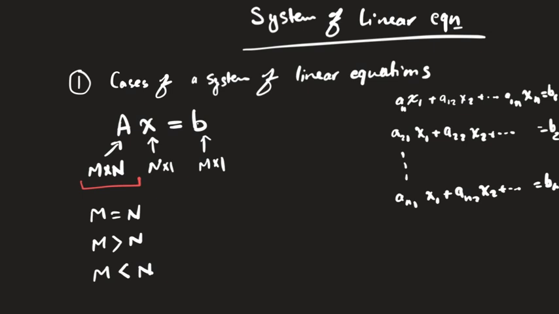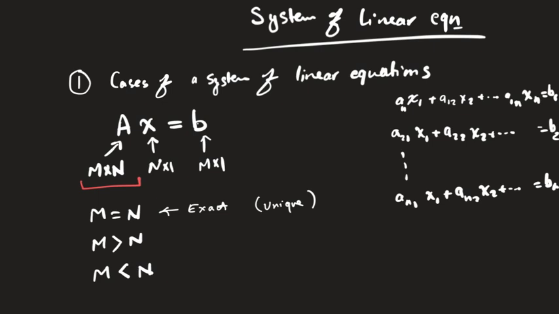Now there is a trick to this. It's not just simply the m and the n. We will see why in a couple of minutes. But the important thing is that we call this one the exact system, right? This is a system where you should have a unique solution. So there is only one set of values that can be assigned to x1 up to xn, right?